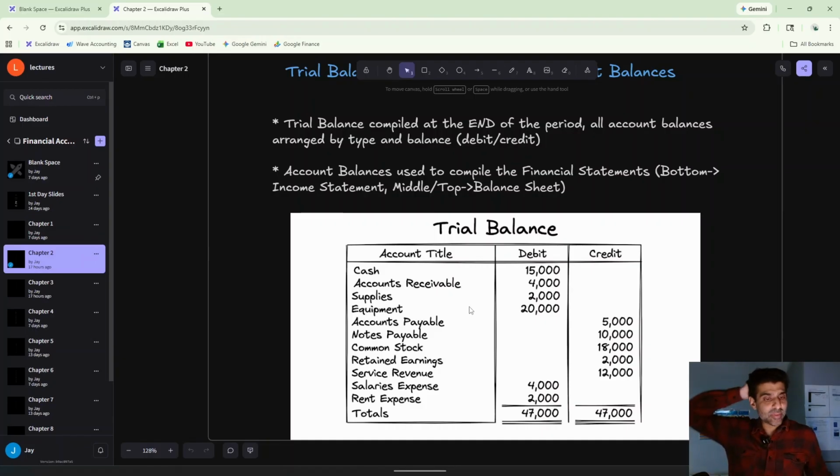And we'll see some examples of that with depreciation, where you can see equipment has a $20,000 balance as a debit balance, but the depreciation you've taken against that equipment will be in another credit normal account called accumulated depreciation. And in the financial statements, they'll be subtracted from one another. But in the accounting system, one is just a debit balance, and the other is a credit balance.